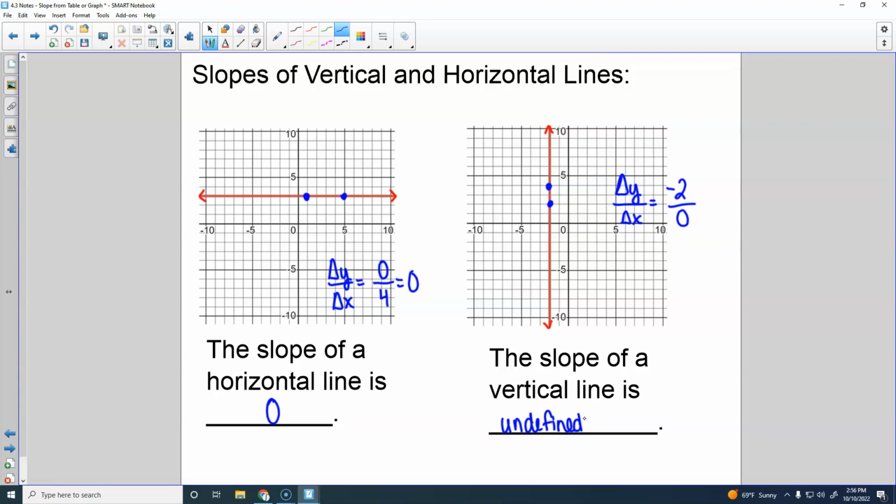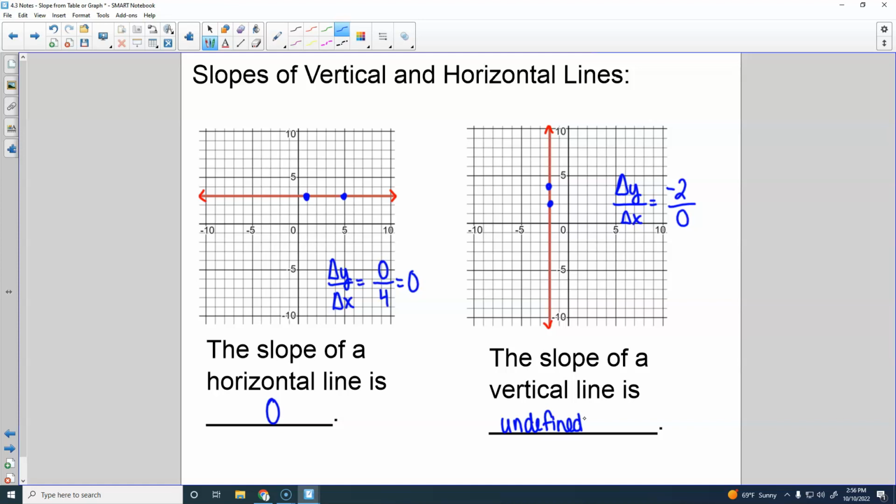Another thing I always tell students is the slope of your line is the steepness of the line, right? So if you have a horizontal line, if you're thinking about going skiing, and you're trying to ski on something that's horizontal, how steep is that? Not steep at all. Now, as your slope increases, your steepness gets higher, right?